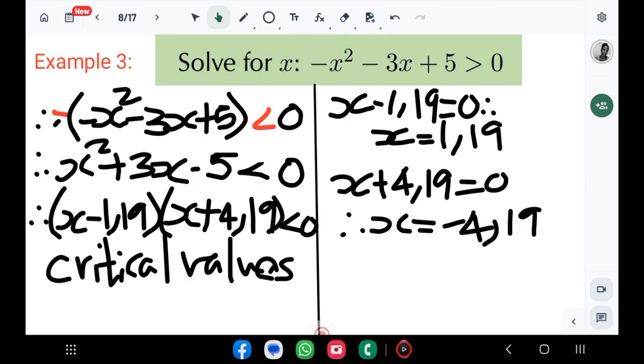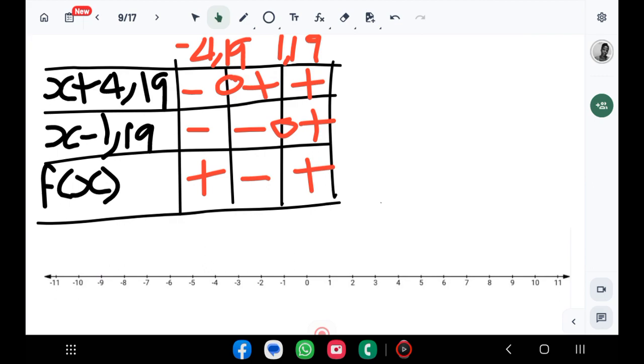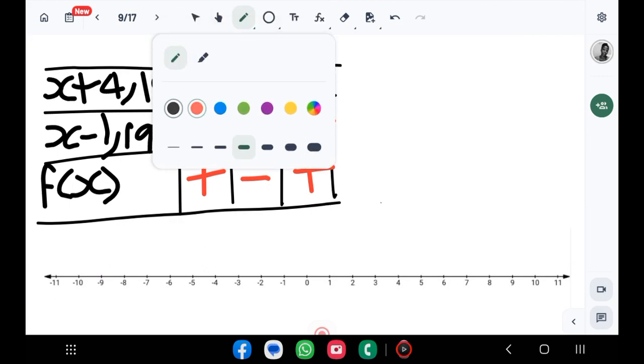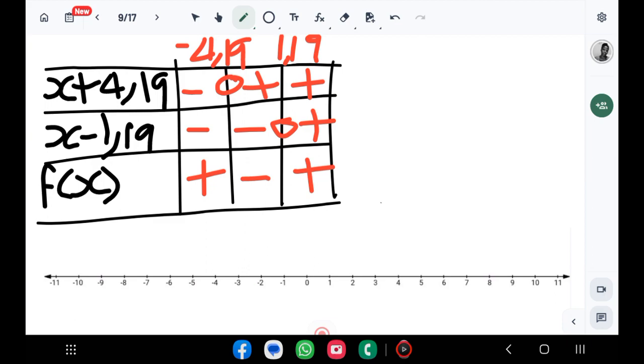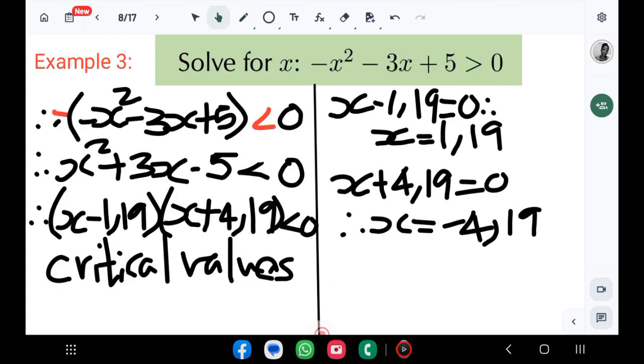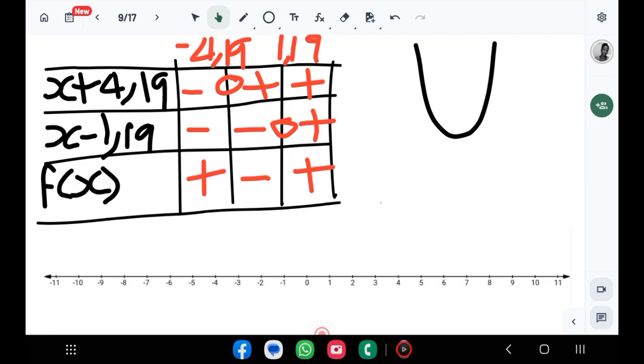We know that it has two critical values, so if you were to draw the parabola, it will look up, because now that you've multiplied everything by negative, it becomes positive. Your a is 1, and that is positive, so it looks up. Before it looked down, but because we multiplied out, it looks up.